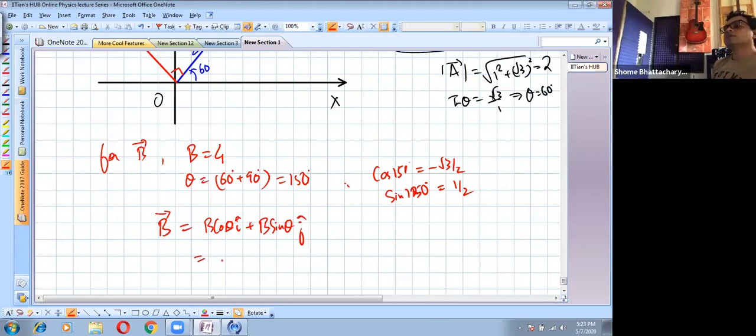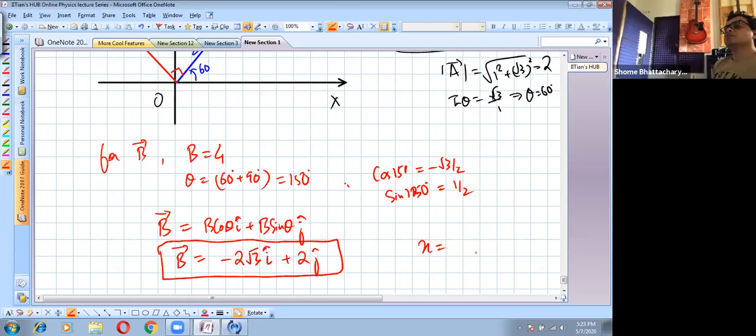So it becomes 4 into minus root 3 by 2, so that is minus 2 root 3 î plus 2 ĵ. So according to this, x's value should be minus 2 root 3 and the corresponding value of y should be 2.